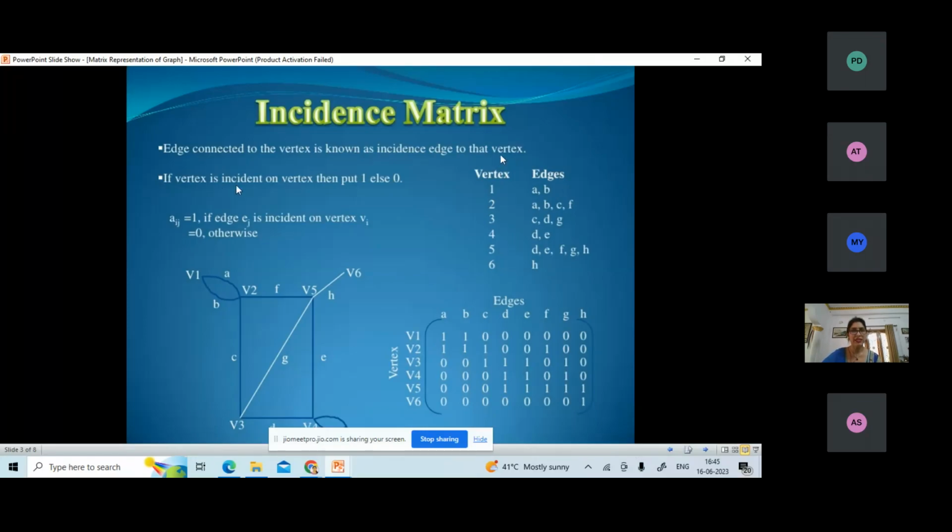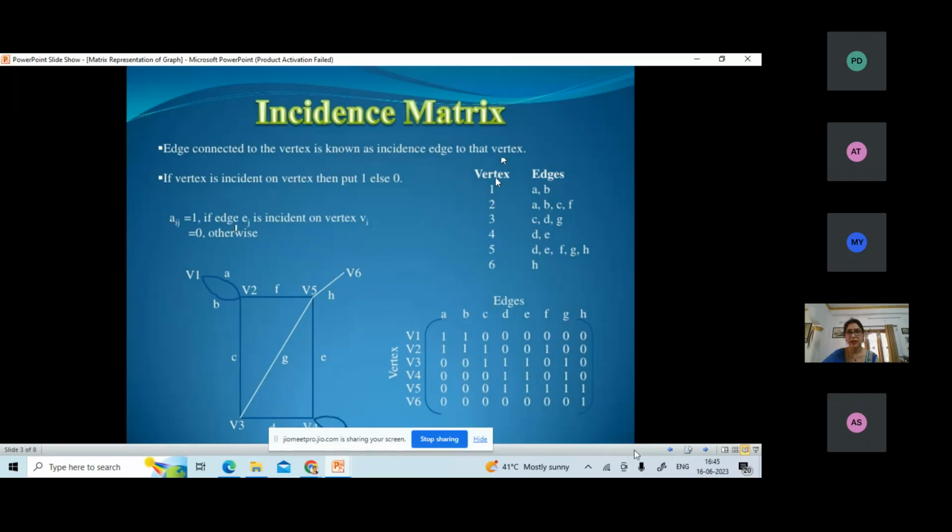If an edge is incident on a vertex, then we put 1, otherwise 0. That is, a of ij equals 1 if incident, otherwise 0.